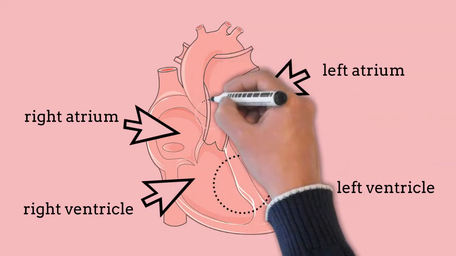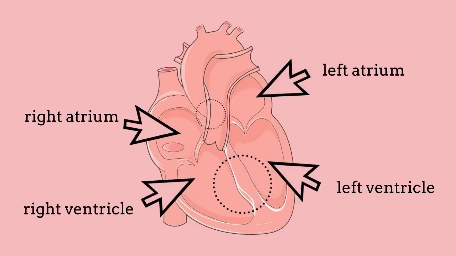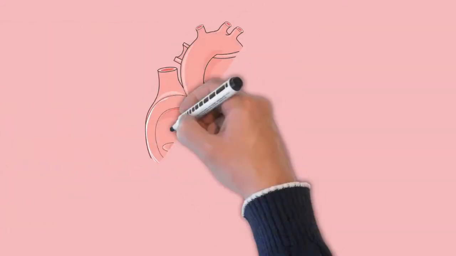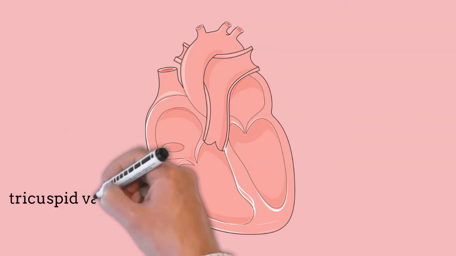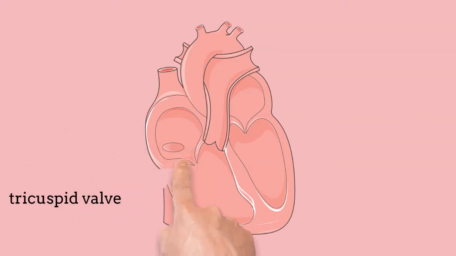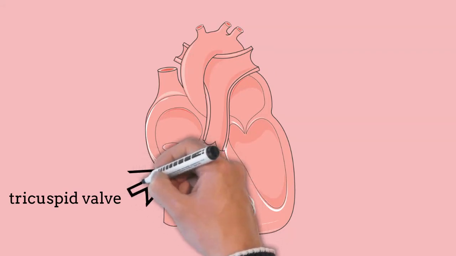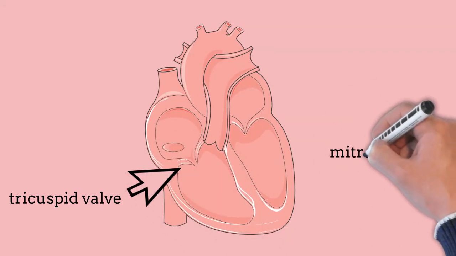The atria are separated from the ventricles by the atrioventricular valves. The tricuspid valve separates the right atrium from the right ventricle. The mitral valve separates the left atrium from the left ventricle.